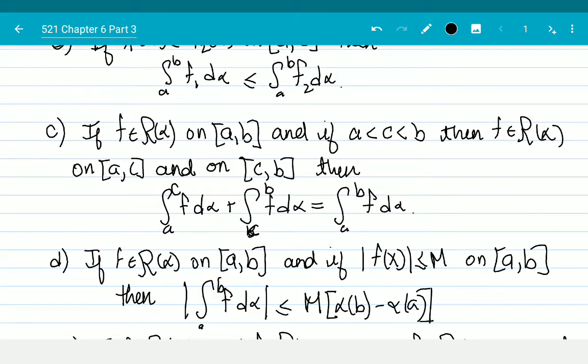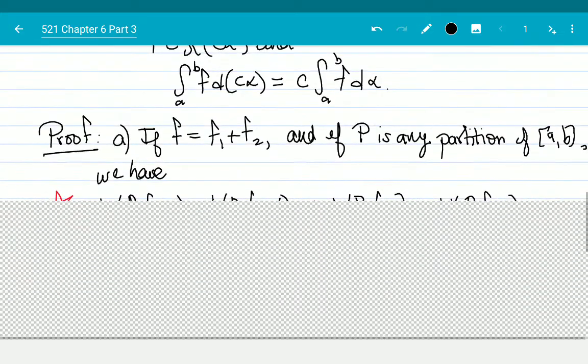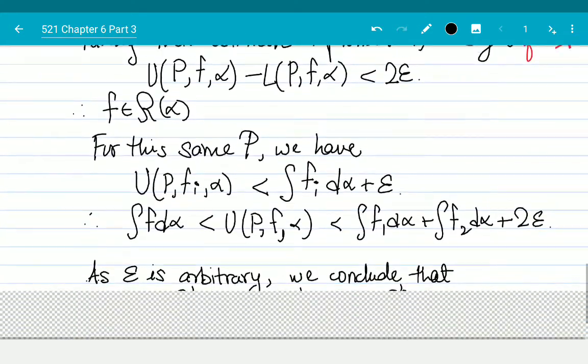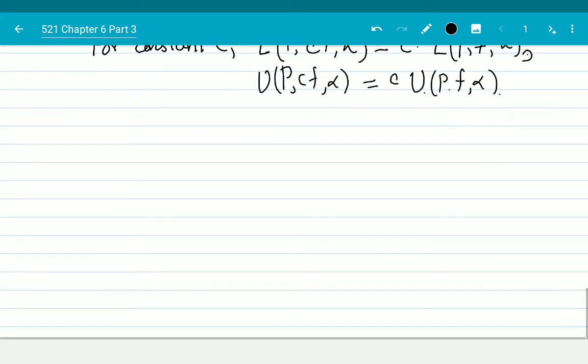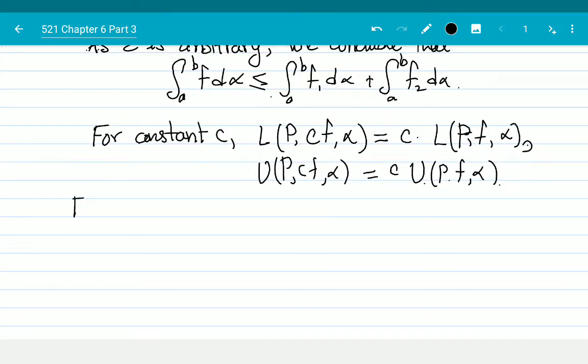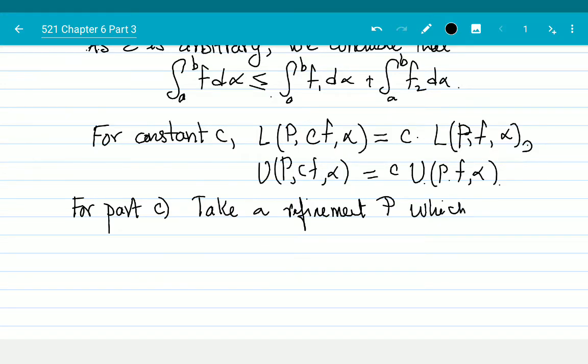Okay, for part C, take a refinement P which contains C as a point.